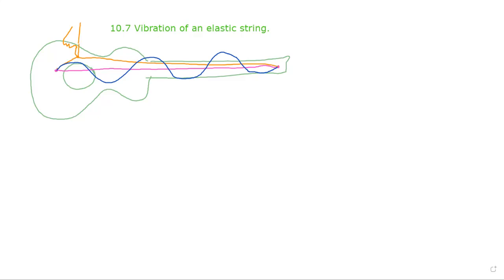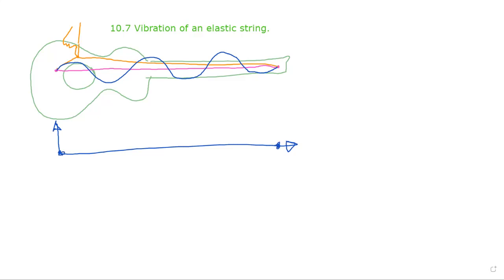So that's a string, right? What I'm going to do, guys, I'm going to draw a system of coordinates here to show the string. Imagine that initially the string is attached over here somewhere and attached over here somewhere.